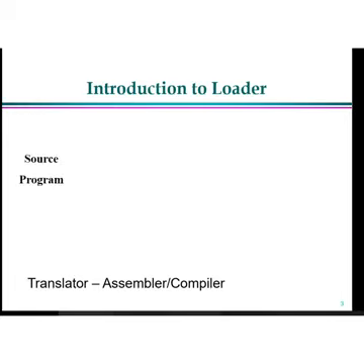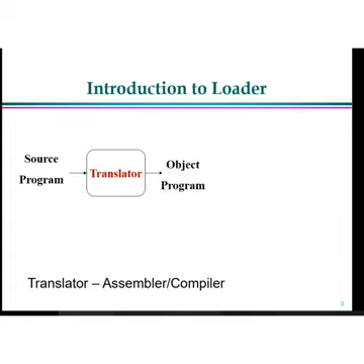So if you look at whatever software you have learned so far, how they are working together, that I would like to show here. If you are giving a source program as an input to your translator, the translator can be an assembler or compiler. After translation, you will get some object code, right?